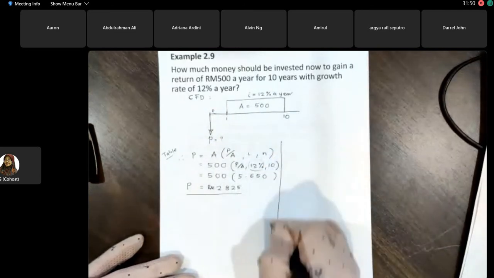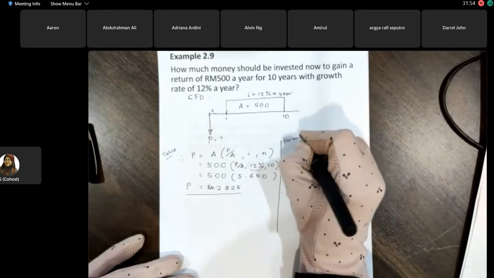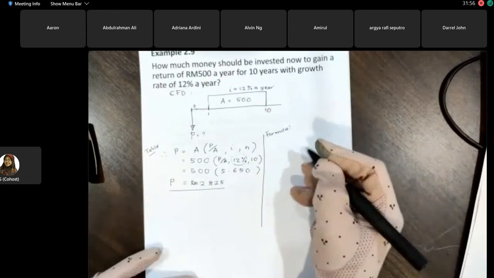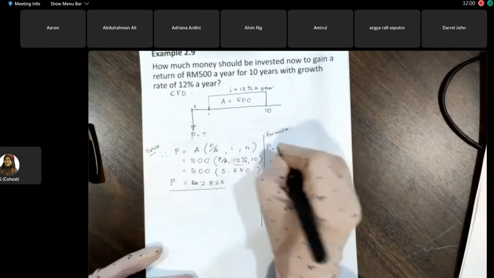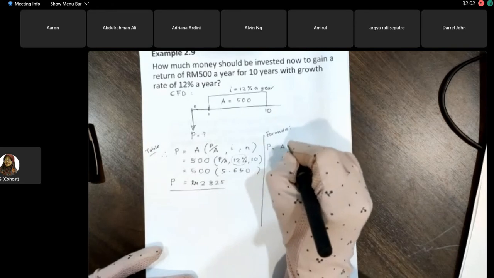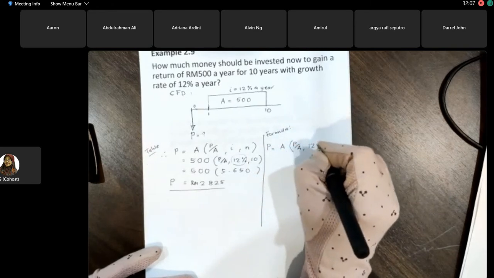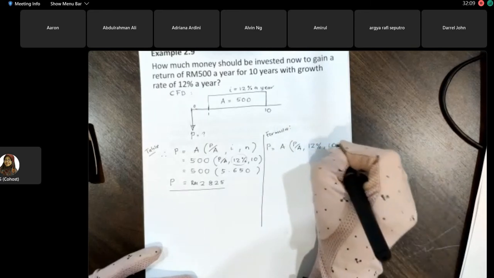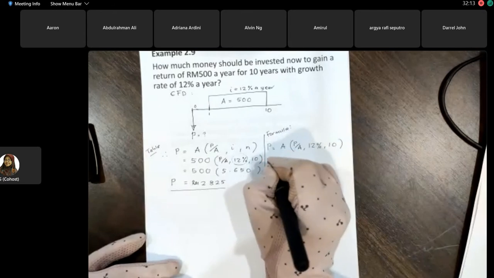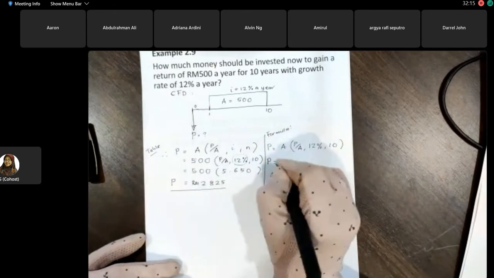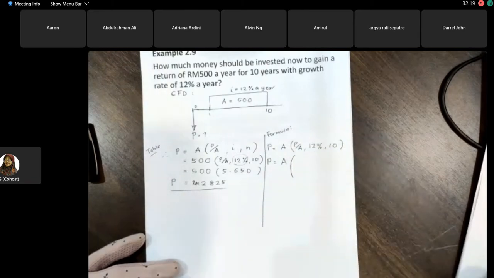Okay, if I want to use the formula, so I will use, first, the same A and 12%. Then P equals A times, okay, what is the formula?